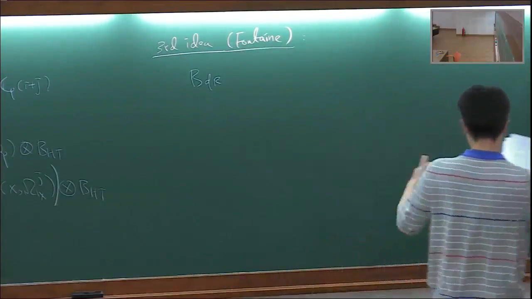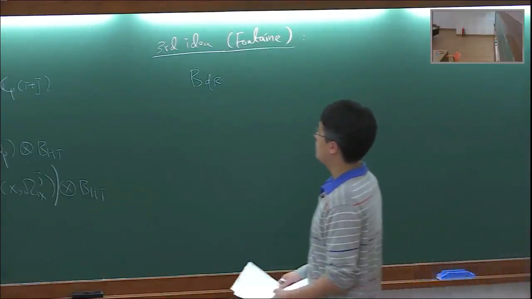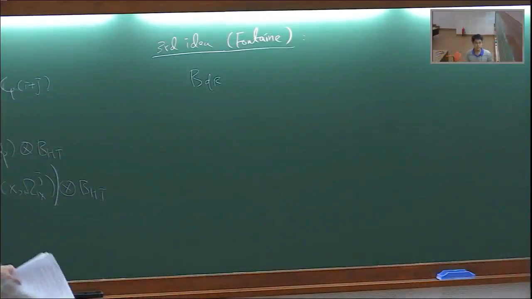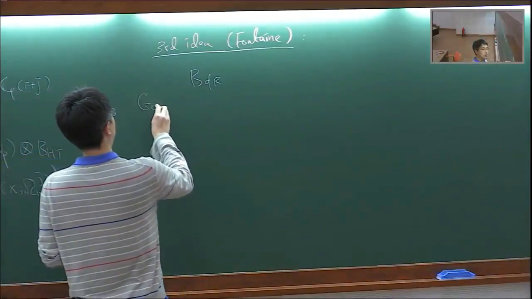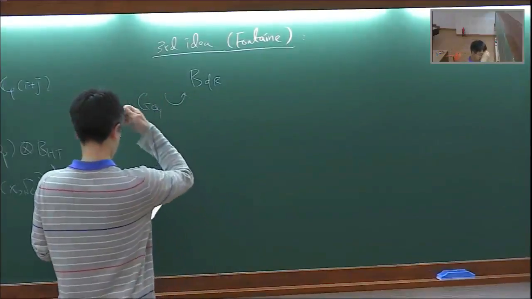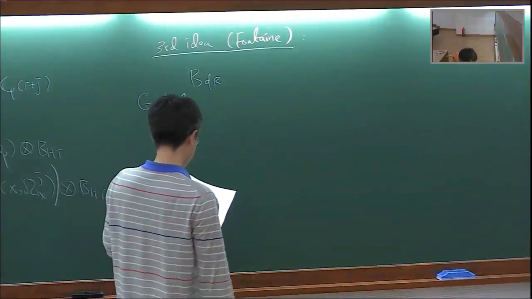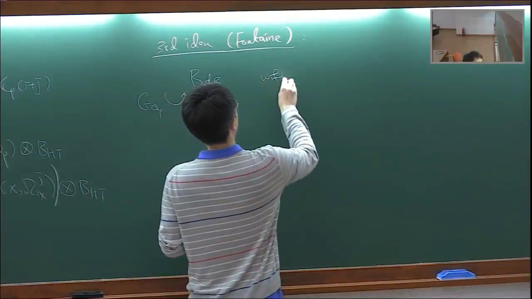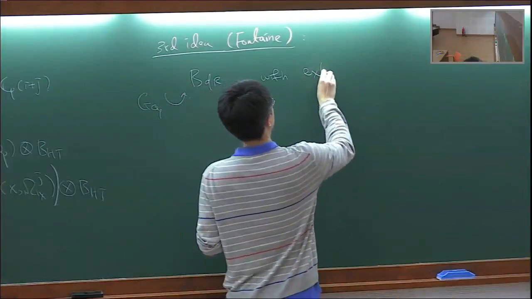You can take this graded module. So we expect this ring to have the property that, first of course, you have a G_{Q_p} action on it, and also we have a filtration, with an exhaustive filtration.